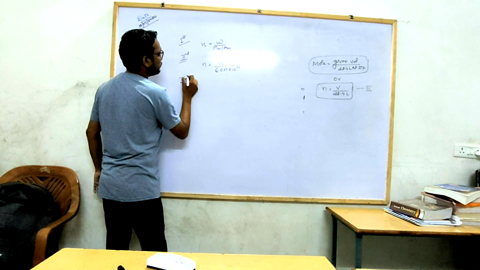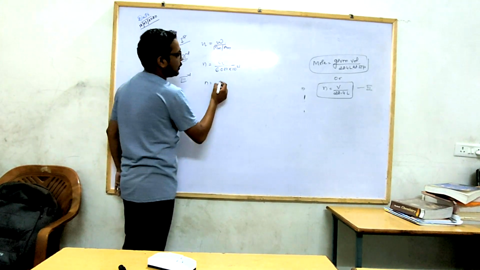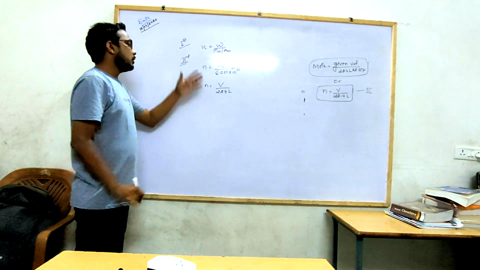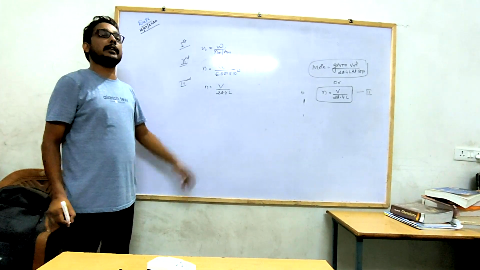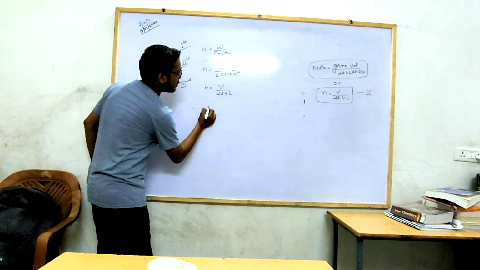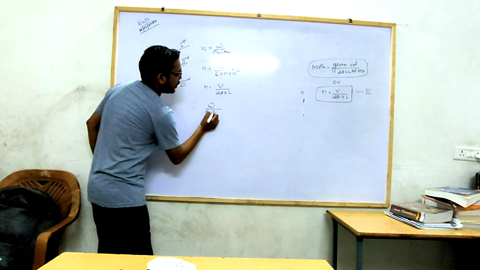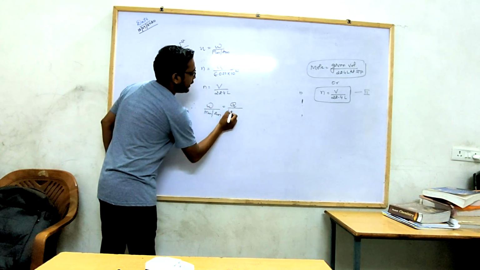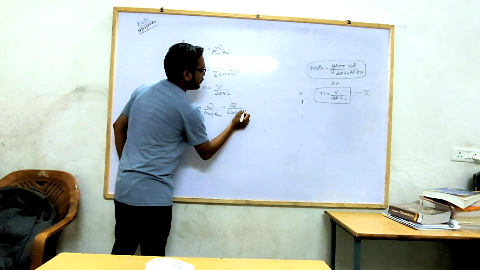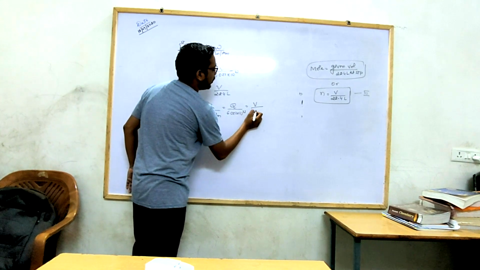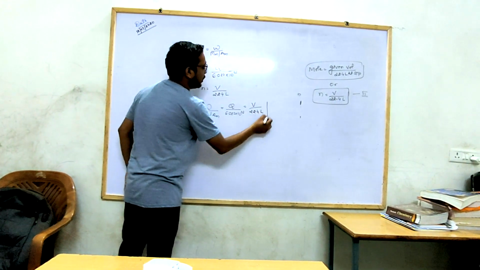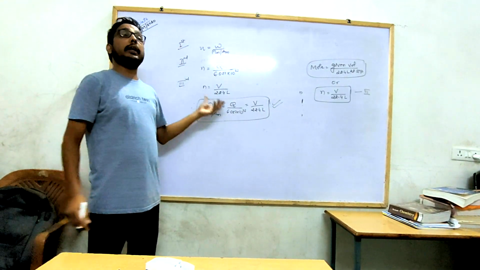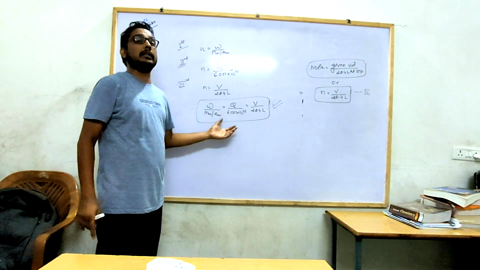Third formula, n equal to volume upon 22.4 liter. These are the three formulas of mole concept. Or we can write weight upon molar mass, atomic mass is equal to quantity upon Avogadro number, is equal to volume upon 22.4 liter. By using these formulas, we can calculate each and every question of mole concept.